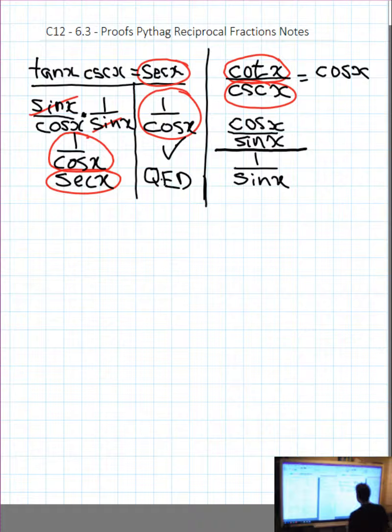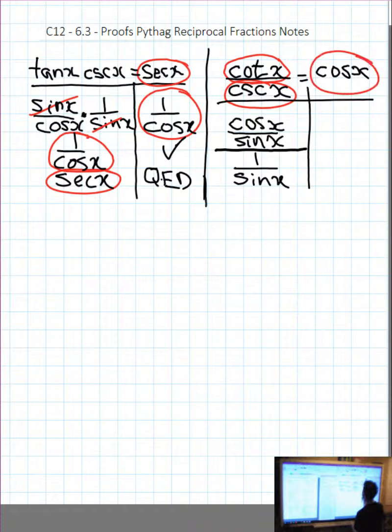And now, I really shouldn't work on the right-hand side. I forgot my capital T or whatever. It says cos x, and that's what I'm shooting for, and I'm not going to work on it, but I'm going to circle it. That's what the right-hand side says.